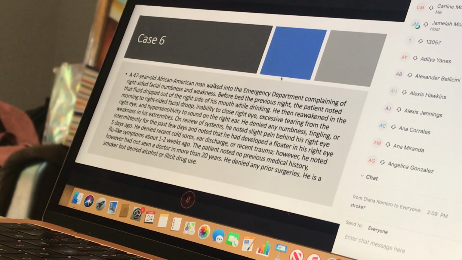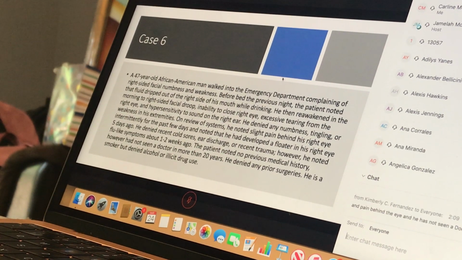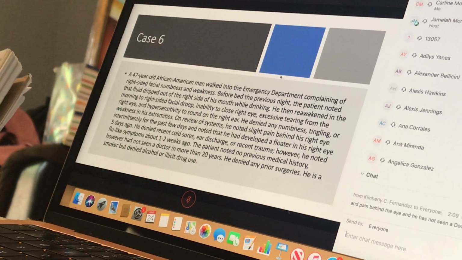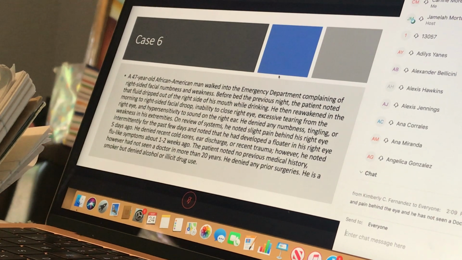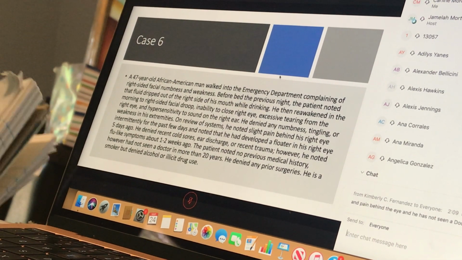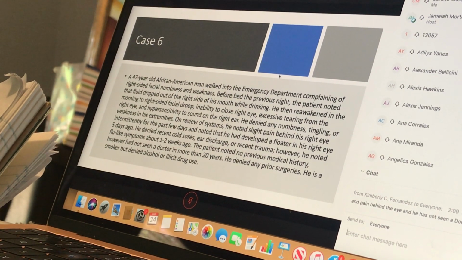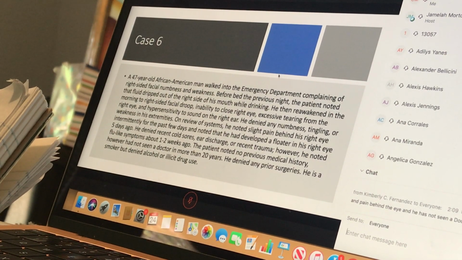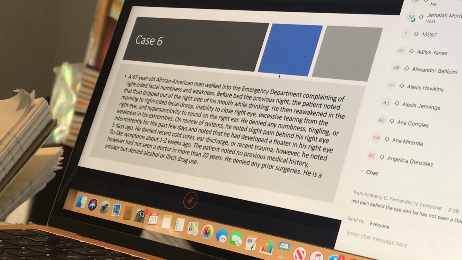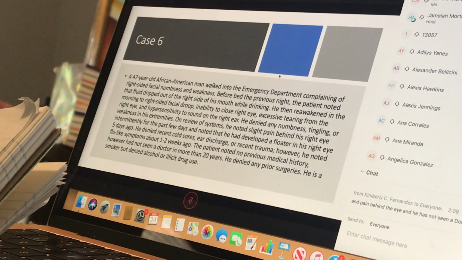Now, not to say that you can't have a total cranial nerve 7 palsy with a stroke. It usually is a brainstem stroke, and those are rare. But if you see this, especially with the fact that this guy has had this over a few days, and the other symptoms associated with it, it's probably a peripheral issue, which will be a Bell's palsy.